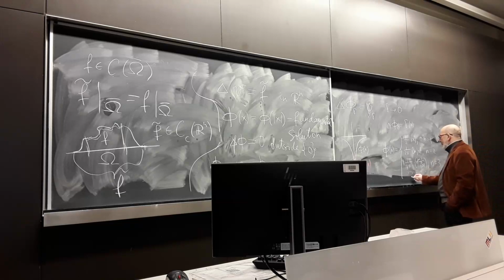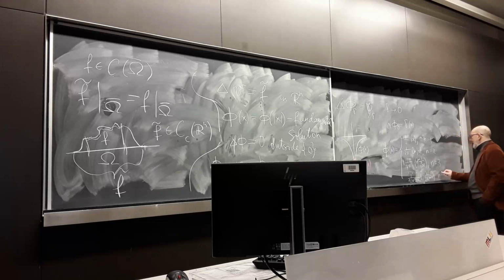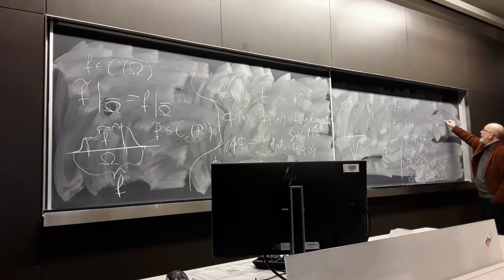It is some constant 1/((n minus 2) alpha n) times minus 1 divided by module x to the power n minus 2 for n greater or equal than 3, where alpha n is the volume of the ball of unit radius in the n-dimensional space.